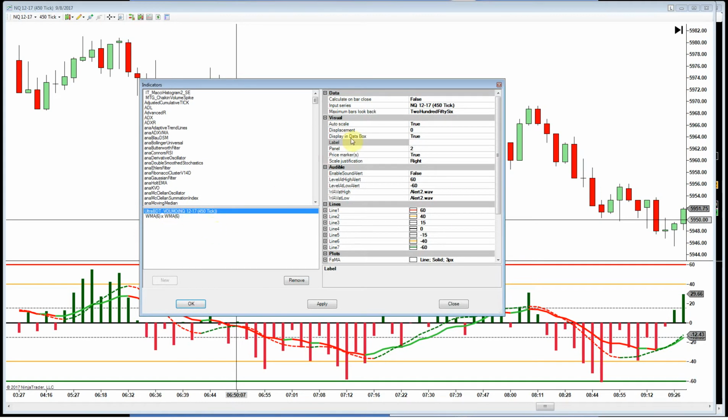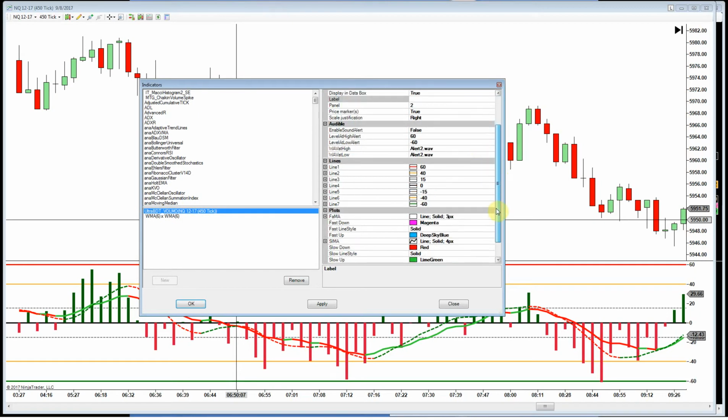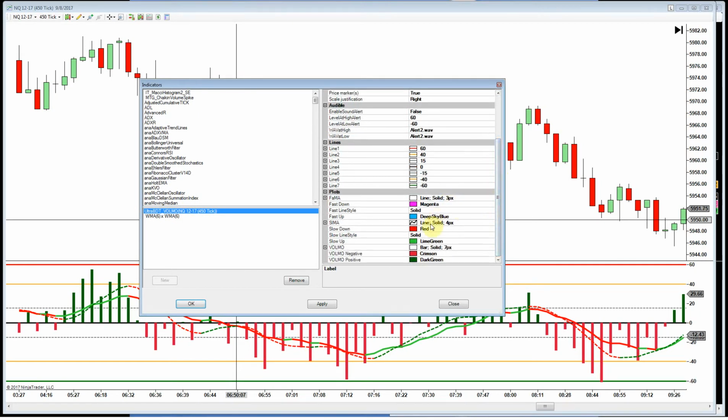Here's the indicator, Volmo here, and if you want to change this, you just go into these areas here. See what I mean? Here's the histograms, the Volmo histograms. Here's the slow moving average, SL moving average, and the fast FA moving average. And you can change the line thickness and the colors here by clicking on the line.